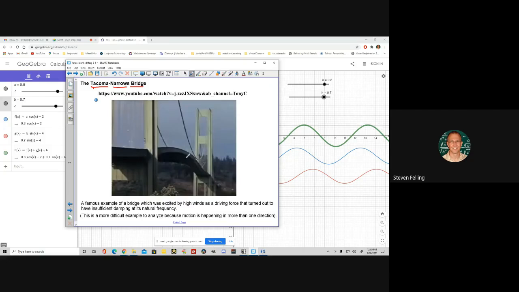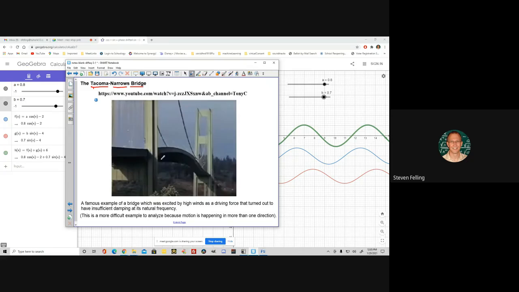But typically, bridge designers include lots of different kinds of damping to prevent natural frequencies from oscillating out of control. But there was this case when there was an unusually windy day, like winds of 60, 70 miles an hour, and it got this bridge, even with all the damping that people built in, vibrating at its harmonic motion. And so it started deforming like this and swinging back and forth.